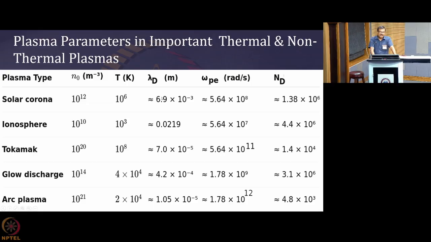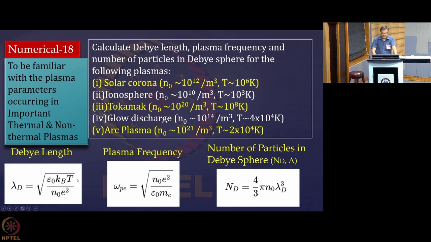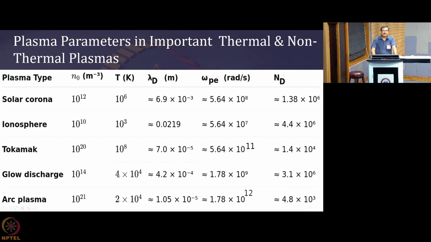Now lambda D, the expression, what is that? Epsilon kT by n e square. You calculate that over here, and in meters, you see that it starts from 10 to the minus 5 meter, going up to 0.02 meter, the longest one in case of your ionosphere.